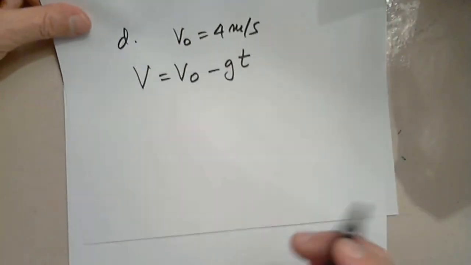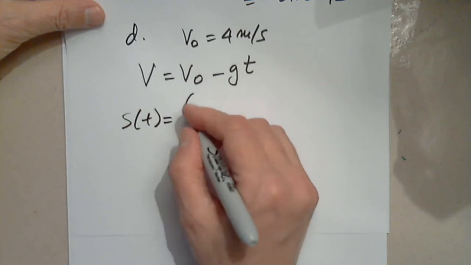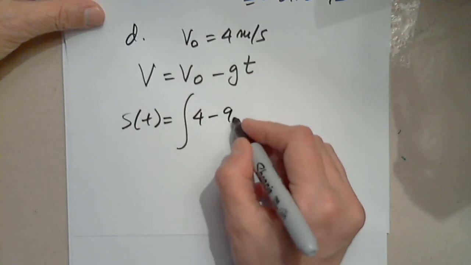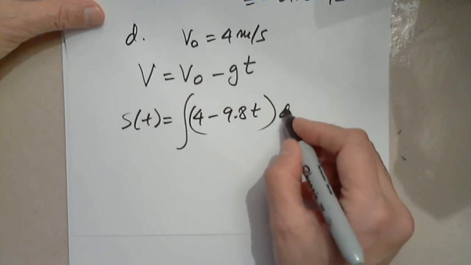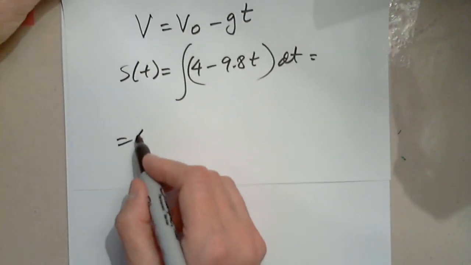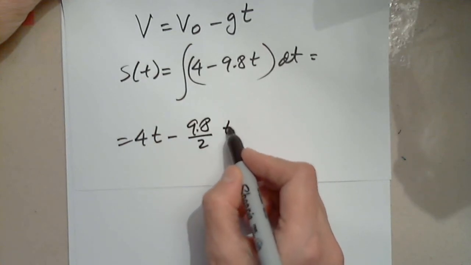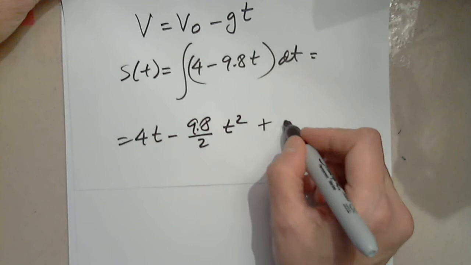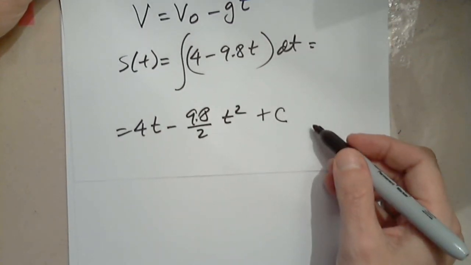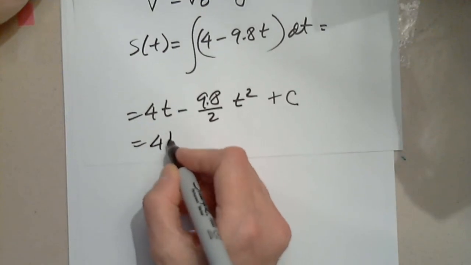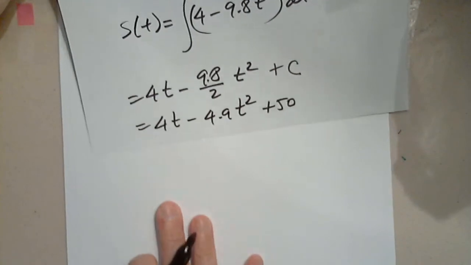So now I have to find S of t, which is the integral of 4 minus 9.8t dt. So now this is 4t minus 9.8 over 2 t squared plus a constant c. But when I plug in 0, I will still get the same thing that you got, 50. So this is 4t minus 4.9 t squared plus 50.